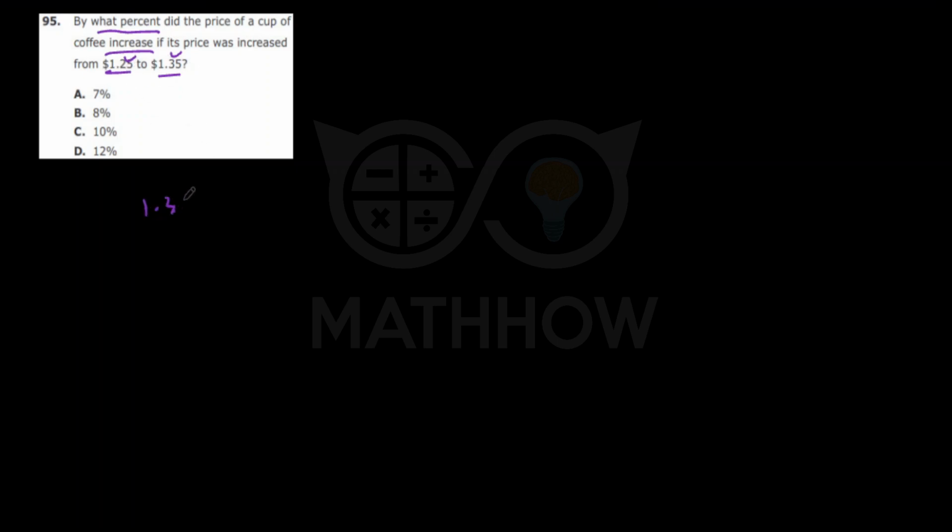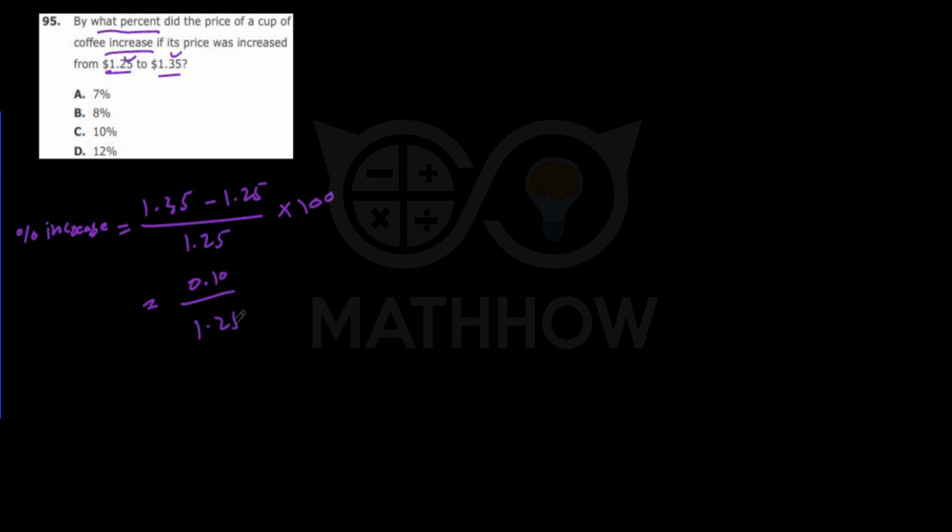Subtracting the initial price from the final price, dividing by the initial price and multiplying with 100 will give us the percent increase. 1.35 minus 1.25 will be 0.10.